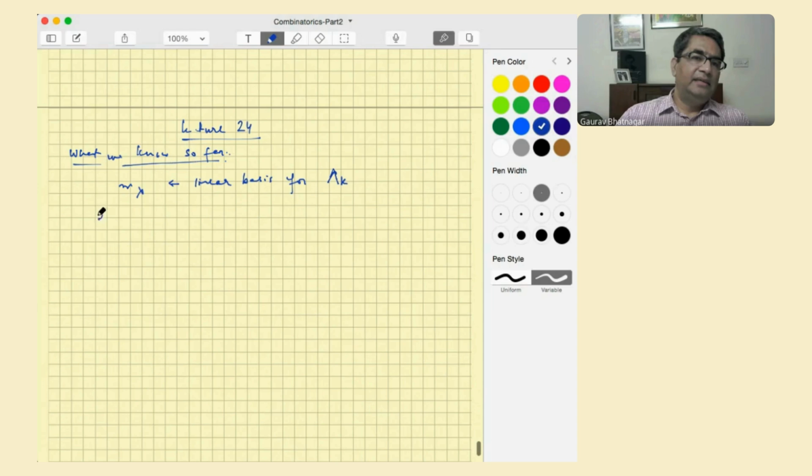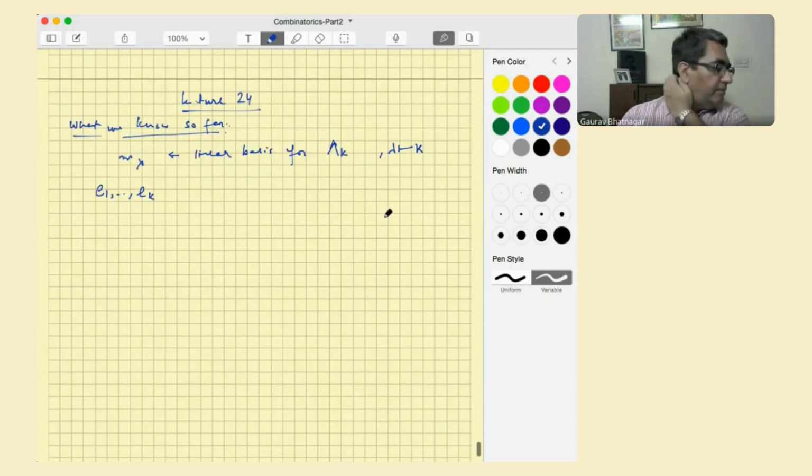And then there is E1 to Ek, for lambda a partition of k, right? Then these form an algebraic basis, which means everything is a polynomial in the Ei's.